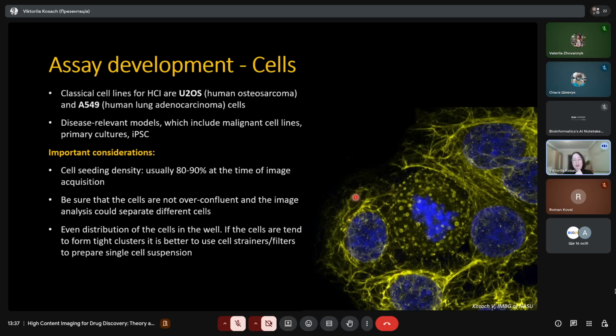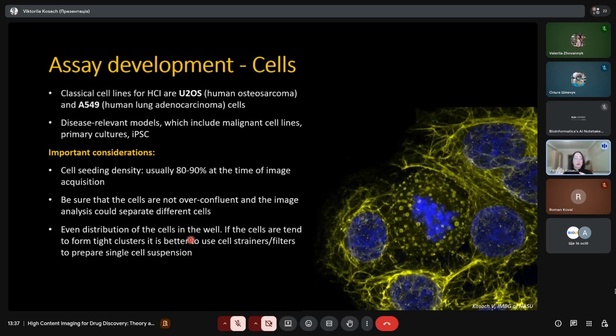So it is very important that your image analysis could separate the cells. And you should also assess the distribution of the cells in one well. It should be an even distribution, because some cell lines could stack and cluster.